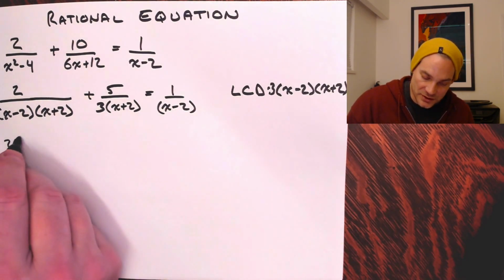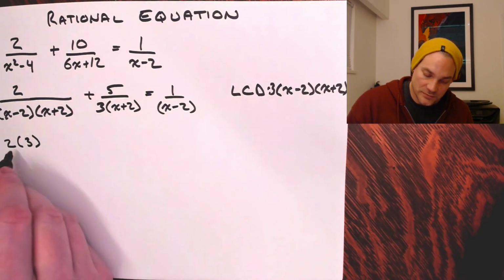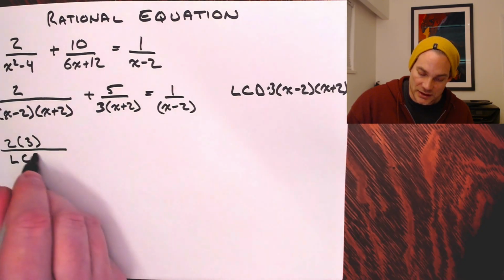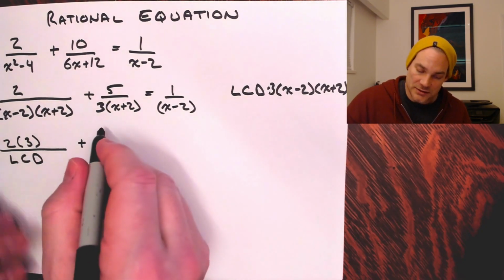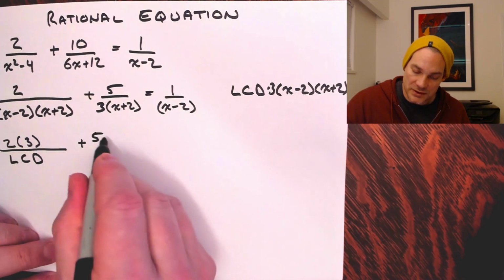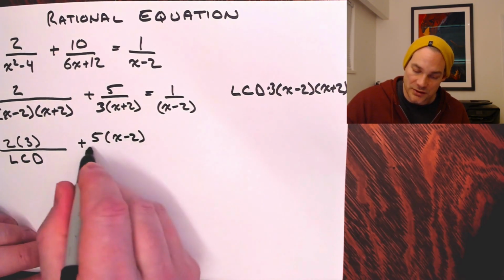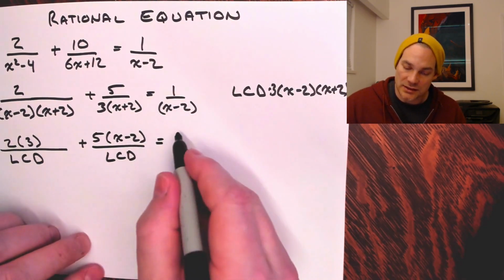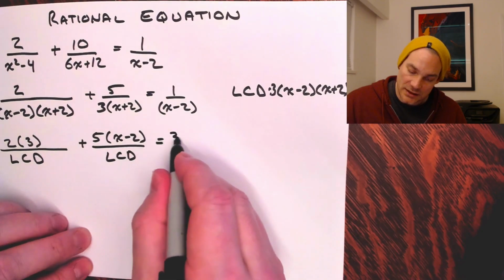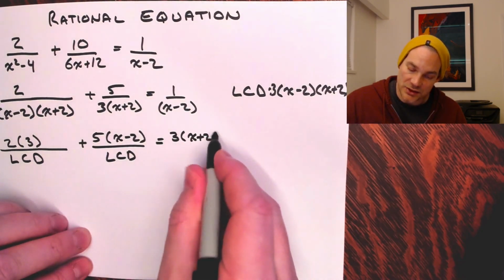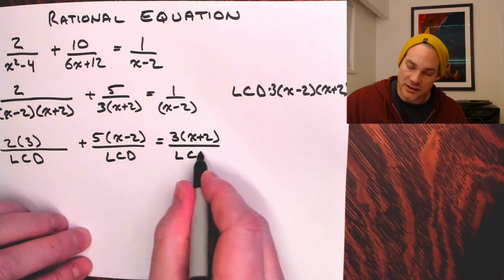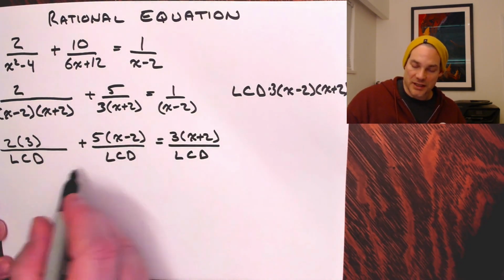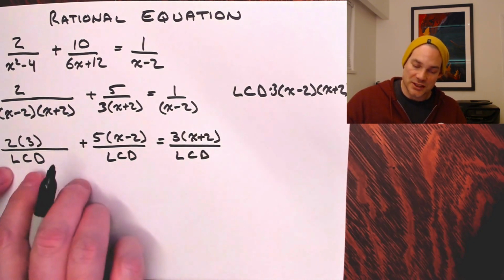So I have 2 times 3 all over the LCD, plus 5 times (x minus 2) all over my LCD. And now this is 3 times (x plus 2) all over my LCD. Okay, so now I'm just going to multiply this out, and I can group the terms because of the LCD.